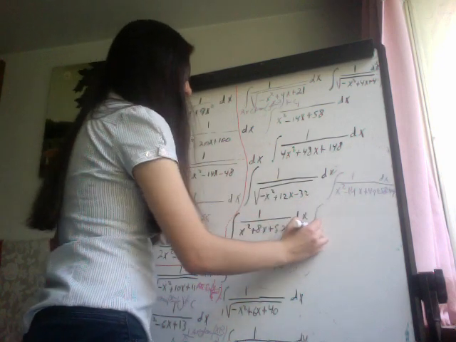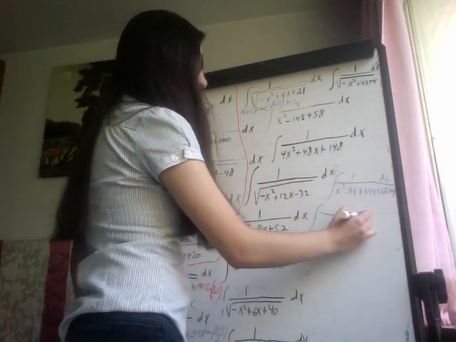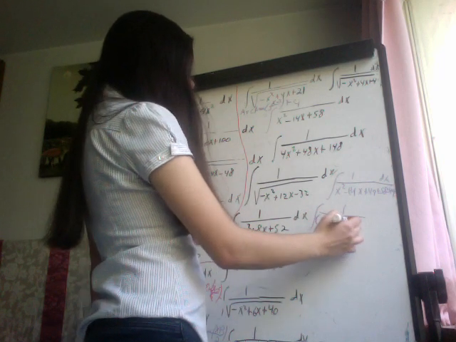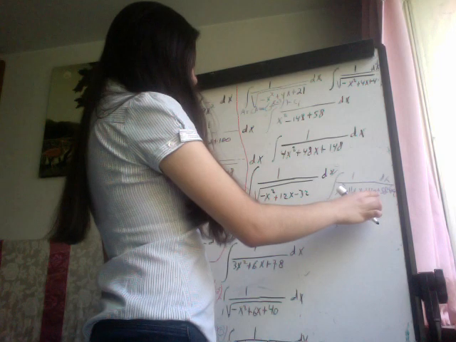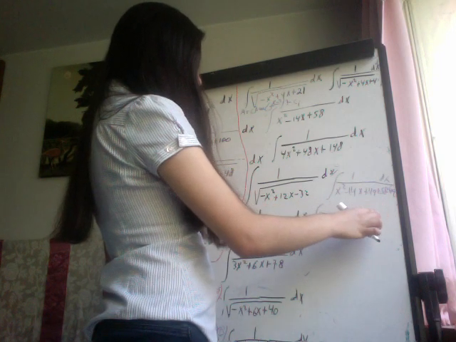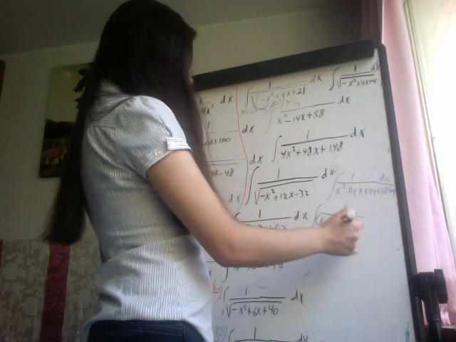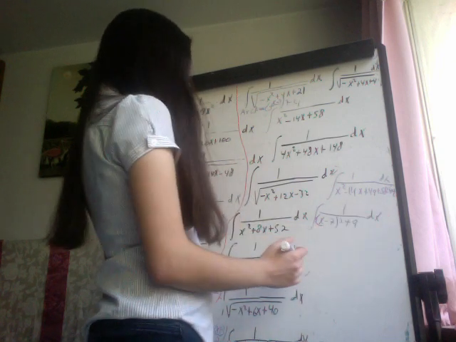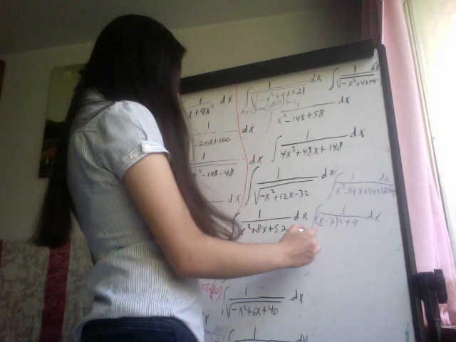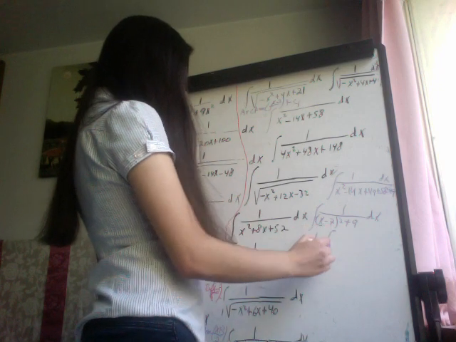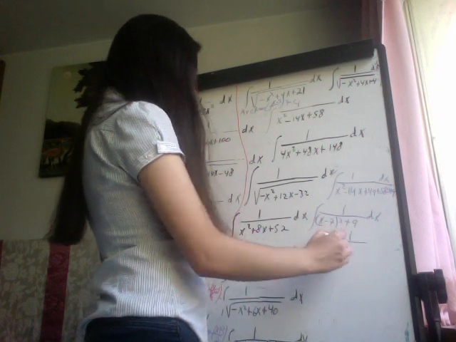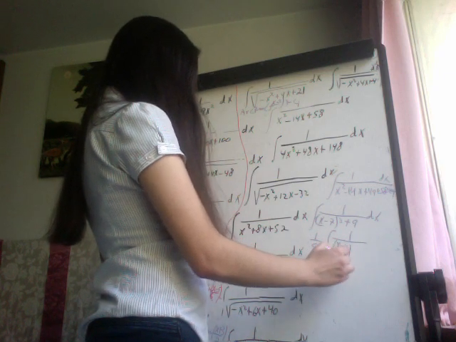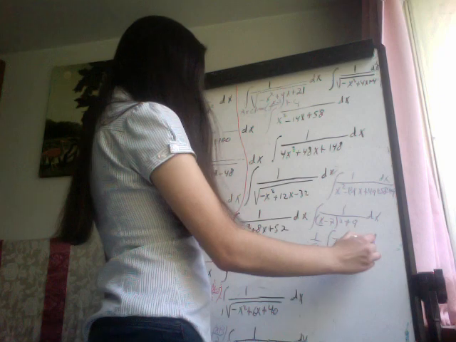It will be the integration of 1 over (x minus 7) all this squared, and 58 minus 49 is just 9, plus 9 dx. Divide everything by 9, and we have 1 over 9 times the integral of 1 over ((x minus 7) over 3) all this squared, plus 1 dx.